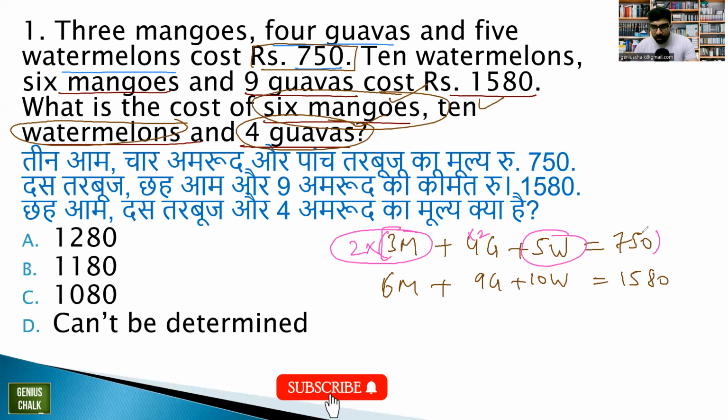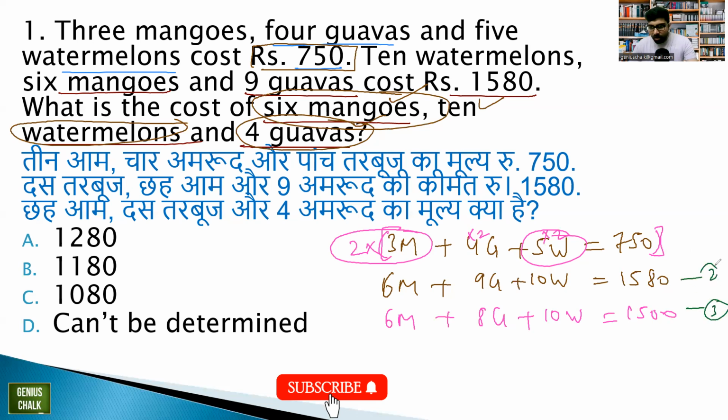So I am multiplying this equation by 2 so that I get some values of guava. So if I multiply by 2, I will be getting 6 mangoes plus 8 guavas plus 10 watermelons, and they all cost 1500. Let's say this equation is equation number 3.